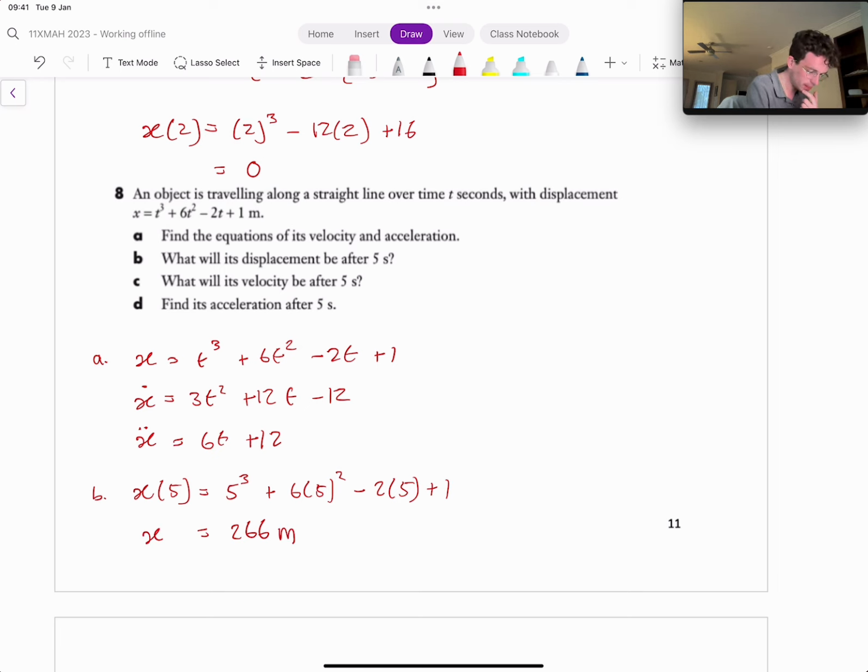Part C, what is its velocity after 5 seconds? We're just looking at x dot and substituting in 5. So x dot of 5 is 3 times 5 squared plus 12 times 5 minus 2, which is 123 meters per second.